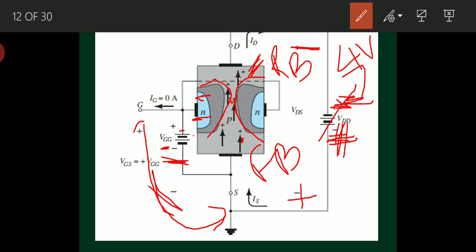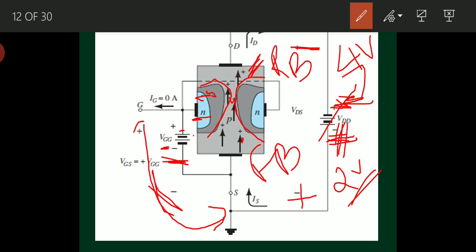This voltage source is also reverse biasing this channel here, so the channel gets reverse biased very fast. At 2 volts only, I will get the channel width very much narrower. So that pinch off condition occurs very fast.